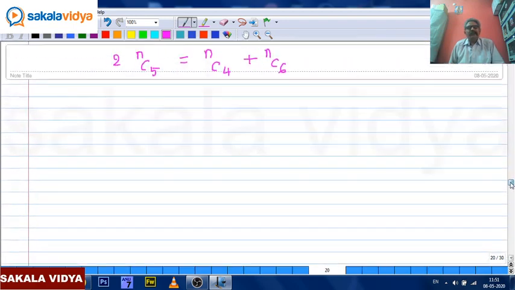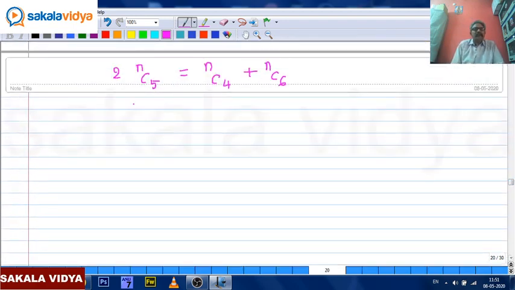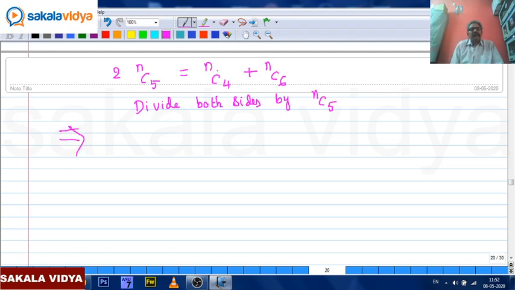So, I will do it on a separate page. Divide both sides by nC5. That implies nC4 by nC5 plus nC6 by nC5 equals 2 nC5 by nC5, which is 2.